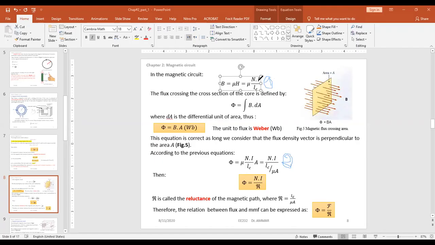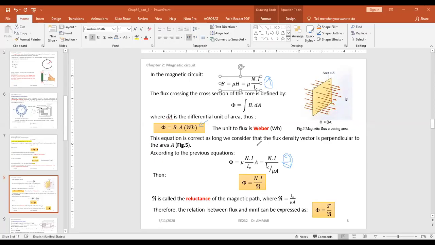Here we have replaced H with its value NI over Lc. We got this from Ampere's law. And we replace B by its expression in this one. So the flux equals mu NI over Lc times A.